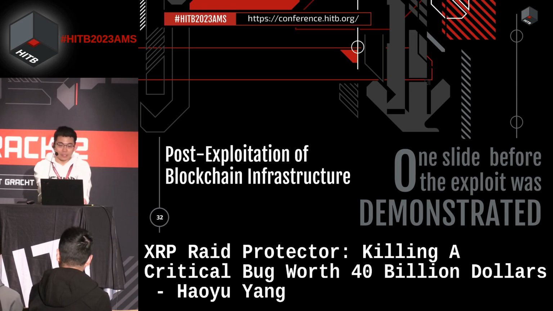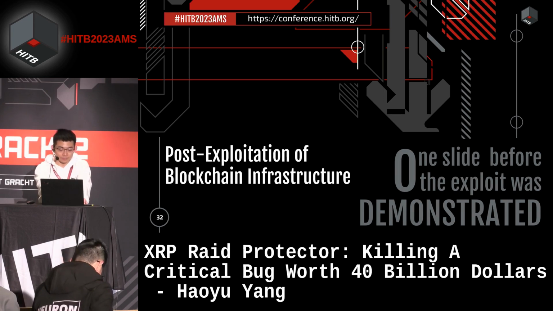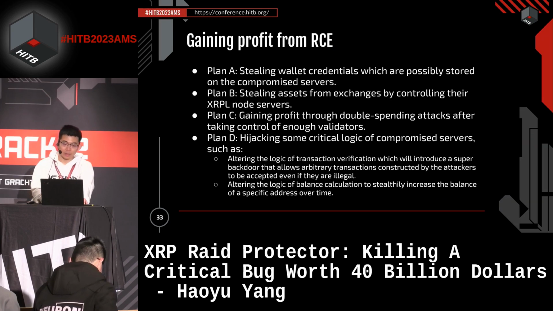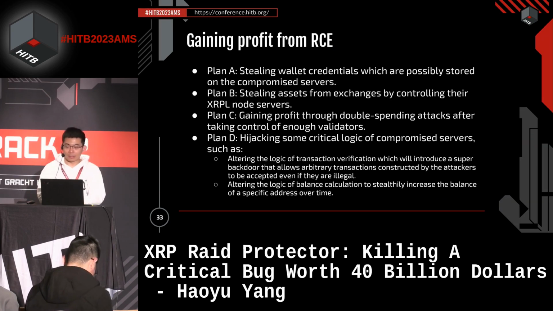And one more question is, what would the attackers do to gain profit after compromising the entire network? And here are some brainstorms of mine. Plan A. He steals wallet credentials, which are possibly stored on the compromised servers.